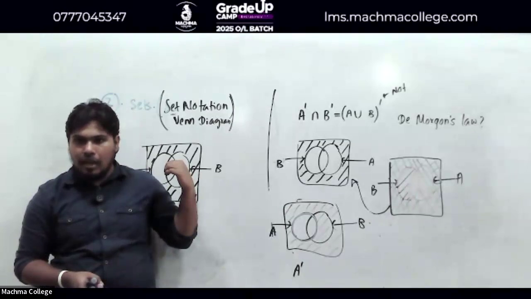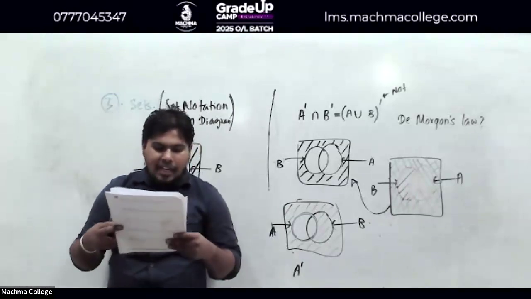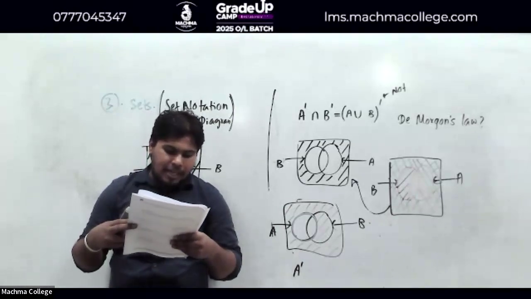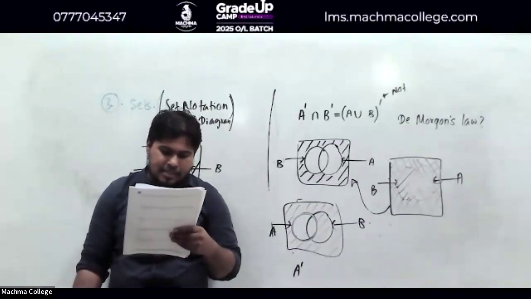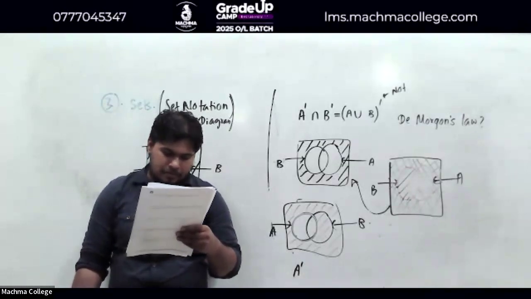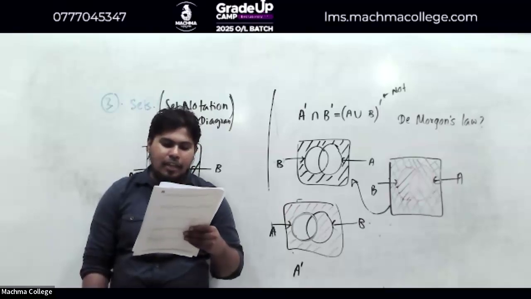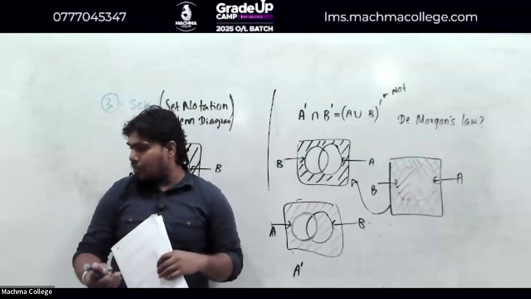I'm moving on to the fourth question now. Question number 4. Calculate n(A intersection B) if n(A) is this, n(B) is this, and n(A union B) is 7.